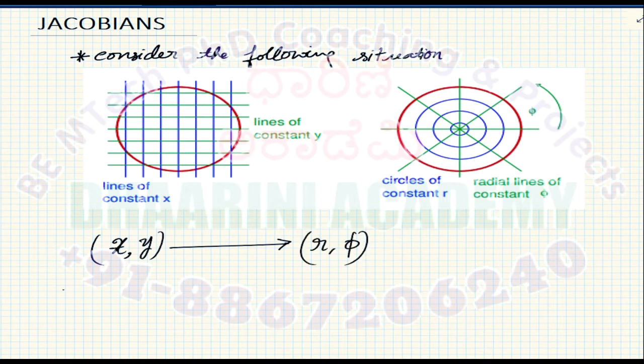So we have the old variables, and on the right side, I have the new variables. So moving from left to the right side is what we refer to as the transformation.